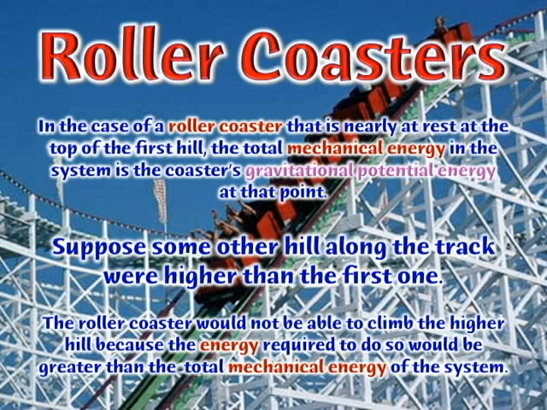So as long as the subsequent hills are shorter, then it should have enough energy to make it over them, right? It's converted to kinetic. That's why the roller coaster is going so fast at the bottom. And then it's converted back to potential as you go back up the next hill. But some of it is still kinetic. You keep on moving, right? You don't stop at the next hill. And so that's how roller coasters work. And it's a great way to think about the conservation of energy.